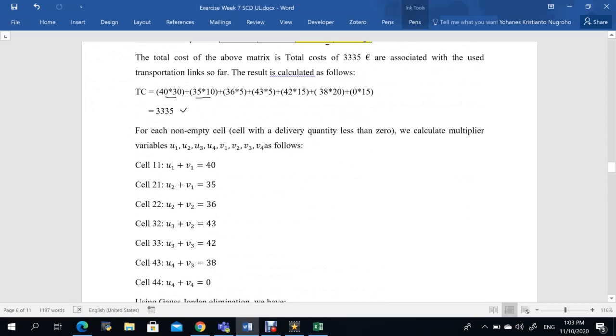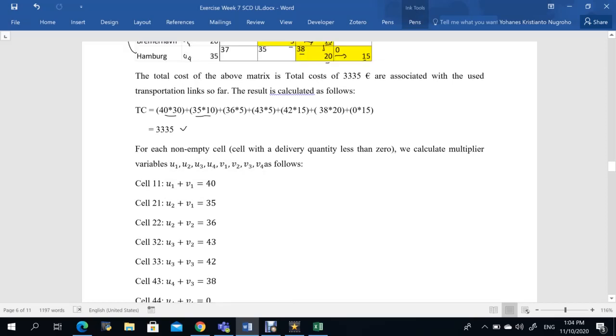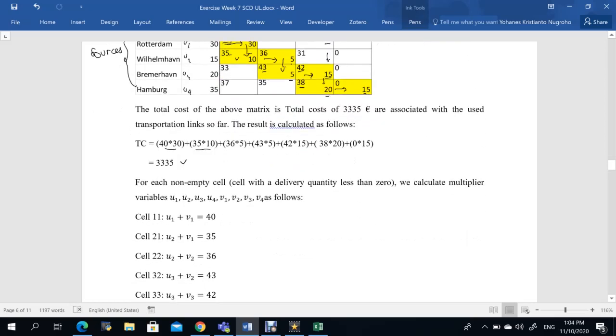So we have to find each of these multiplier variables, U1, U2, U3, U4, phi 1, phi 2, phi 3, and phi 4 by using Gauss-Jordan elimination. And then, for instance, if we set phi 1 equal to 0, meaning that all transportation cost will be the responsibility of the transporter, in this case Rotterdam port.